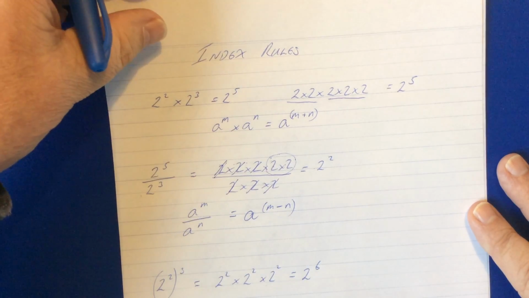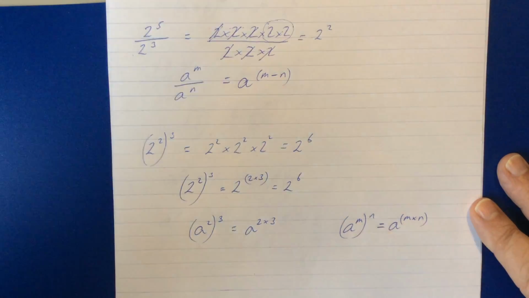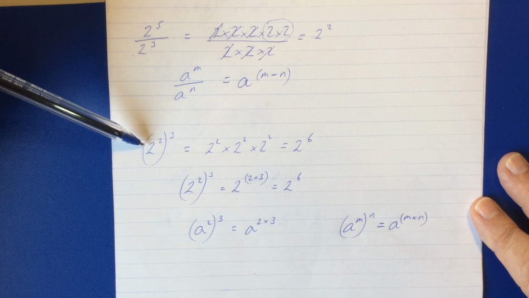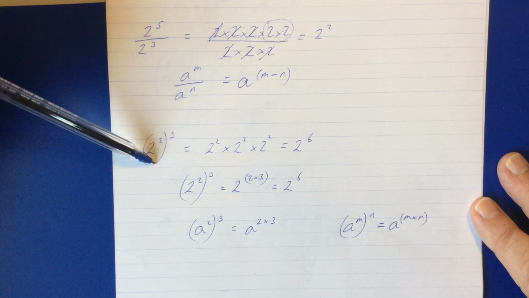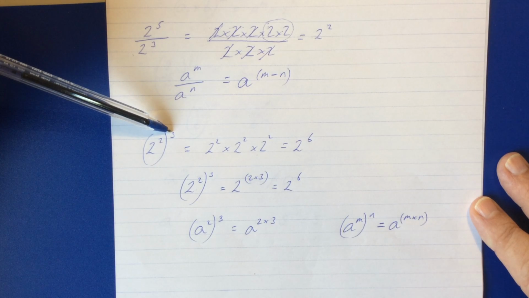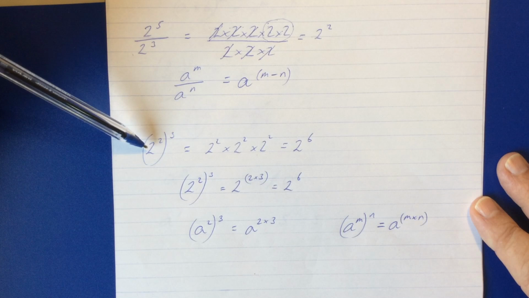Okay, moving along. Now, here's one that quite often confuses people. So what's happened here is we've got a bracket in the way. And the question is, why don't we add these? Well, the answer is that the instruction here is fairly straightforward if you think about it.